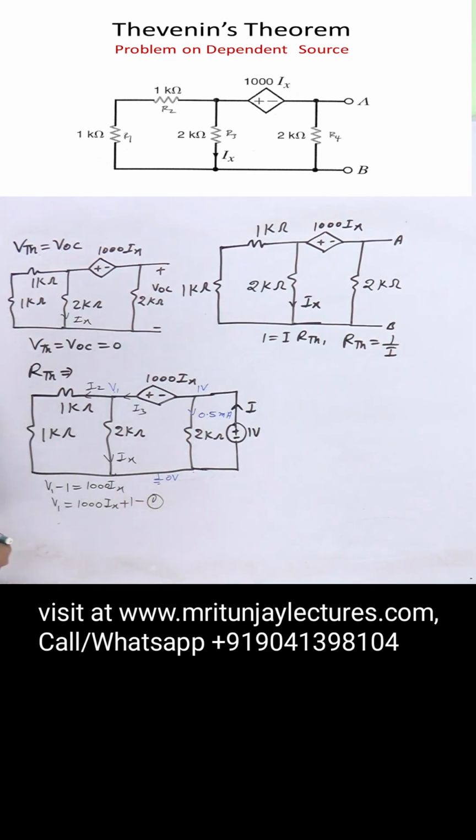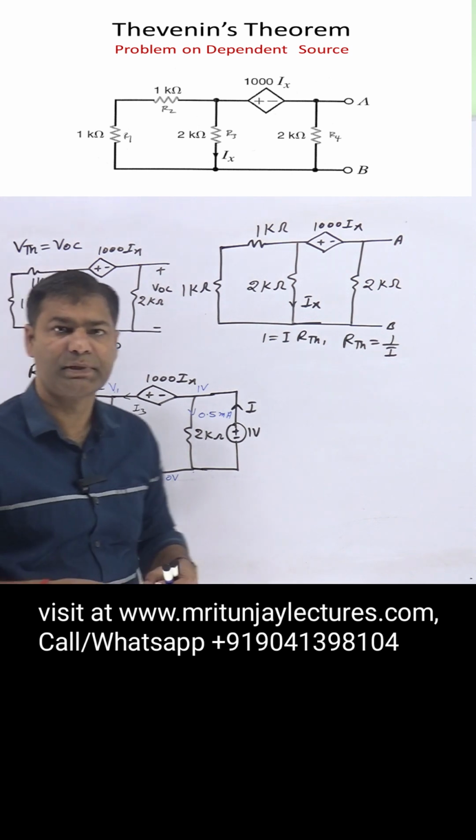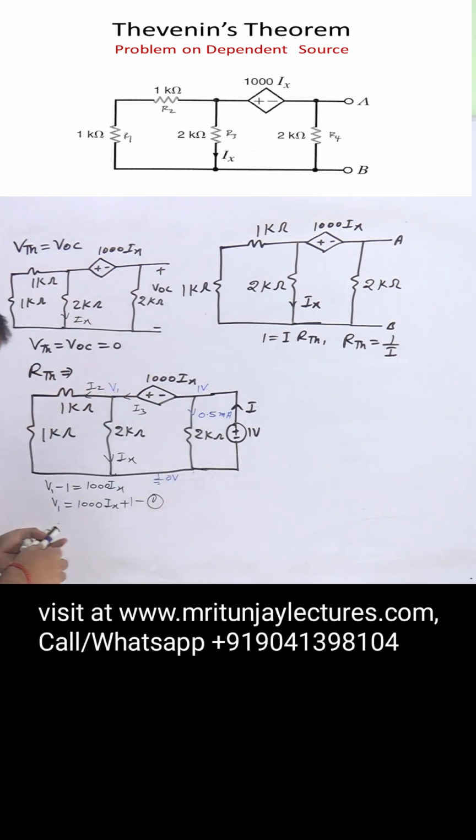That is equation number 1. Clear? Now here V1 is 1000 times Ix, and what about Ix? Ix is V1 minus 0 divided by 2 kilo ohm, that is 2000 ohm, plus 1.